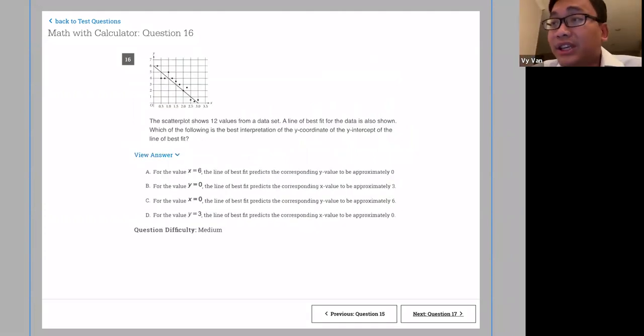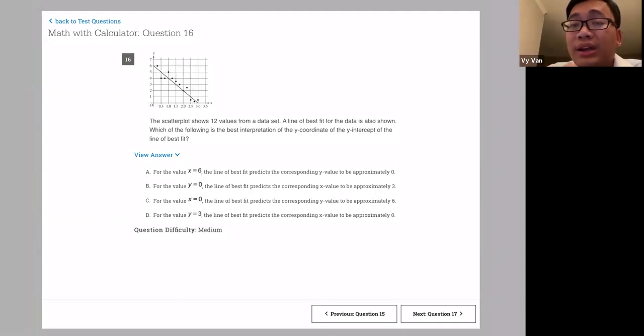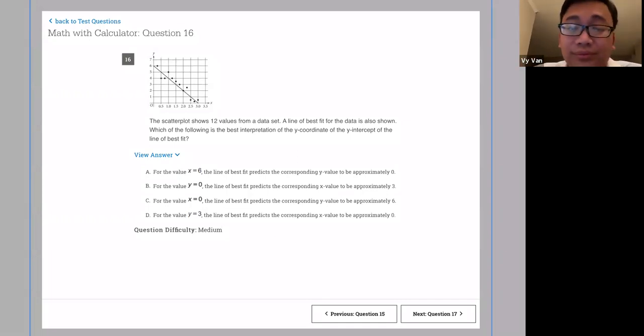Number 16. It says, which of the following is the best interpretation of the y-intercept of the line of best fit? So y-intercept means what is y when x is 0?